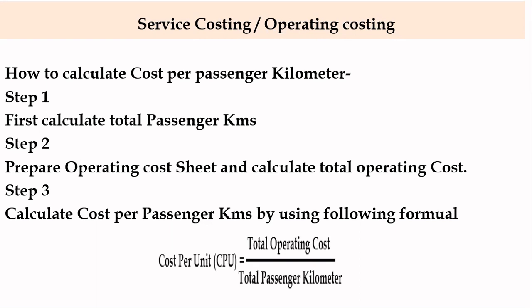In the third step, we have to use the cost per unit, that is total operating cost divided by total passenger kilometers.